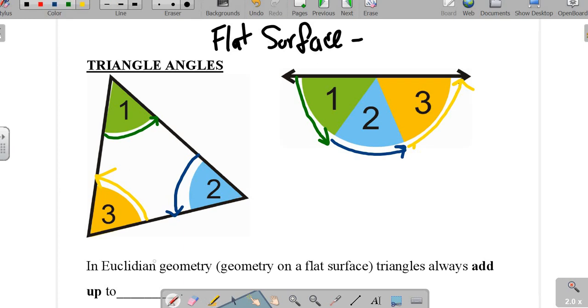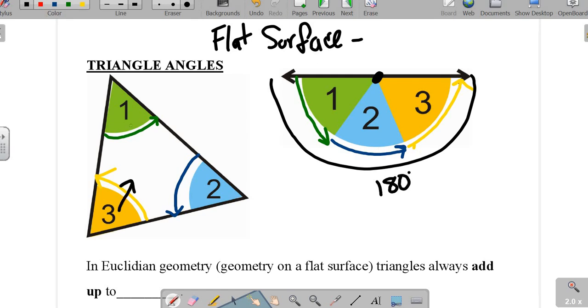The three angles of a triangle, if you were to pull them out and put them side to side like pizza slices, you're going to notice that they will always add up to 180. That is true of all triangles on a flat surface. The three angles of a triangle always add up to 180.